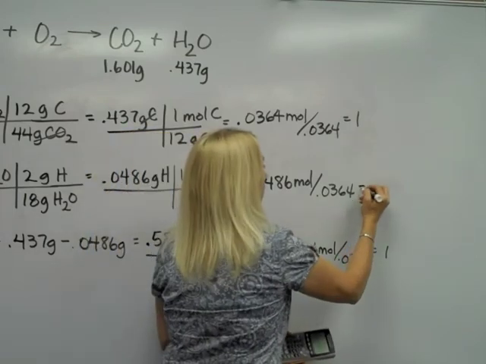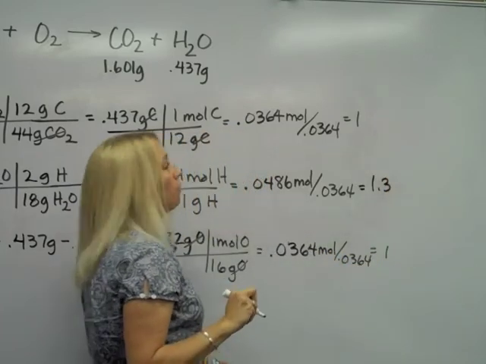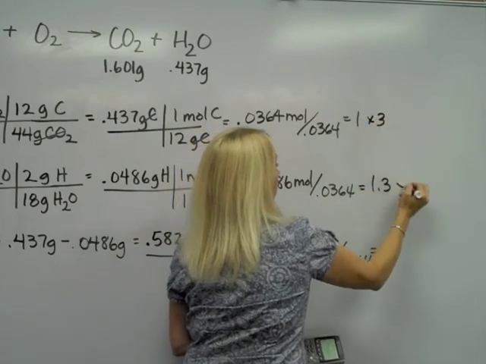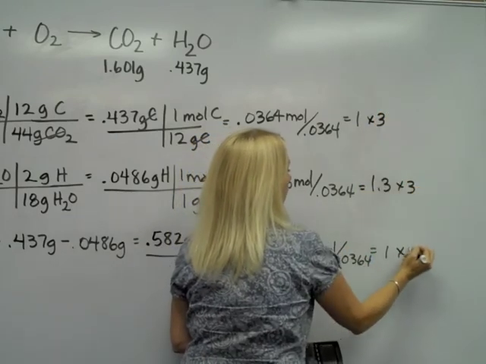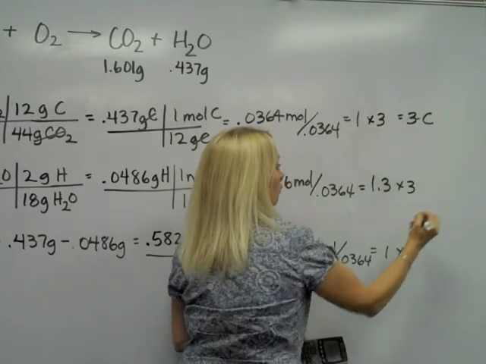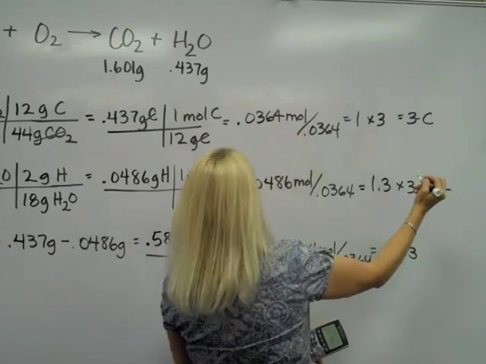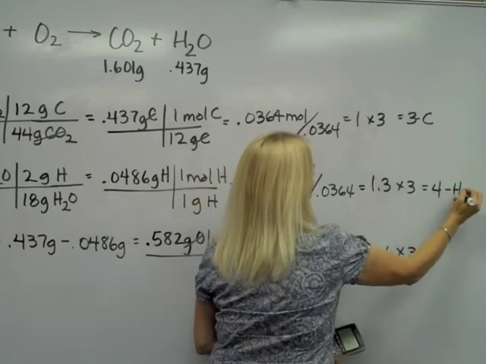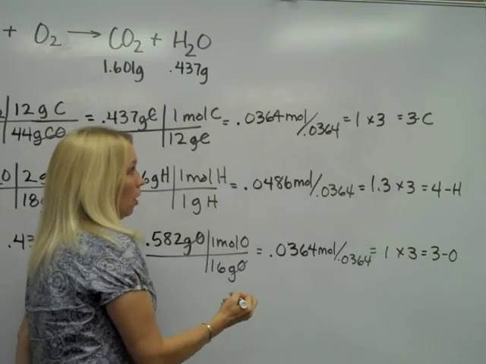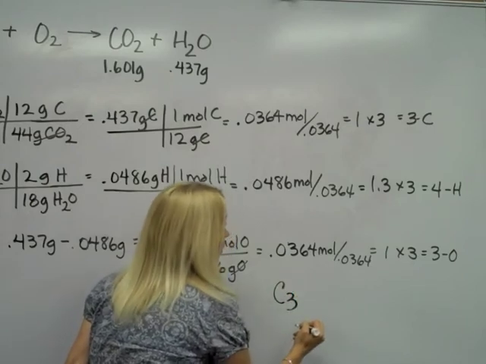I got 1.3. What should we multiply by? Yep, 3. There's 3 carbons. 4 hydrogens. 3 oxygens. Okay, so the empirical formula must be C3H4O3.